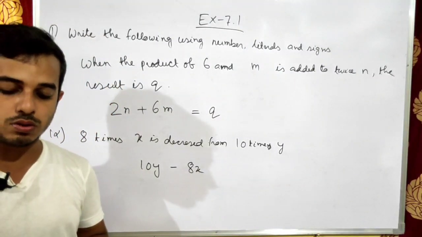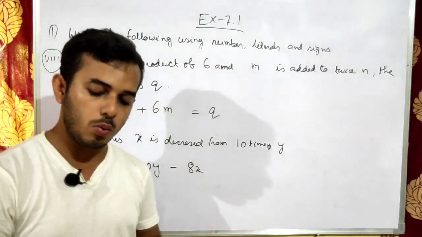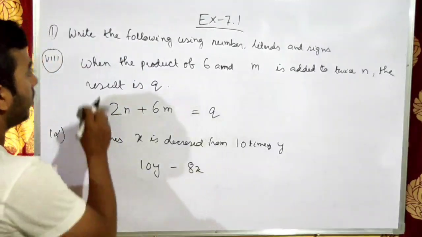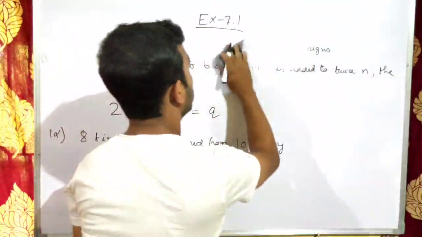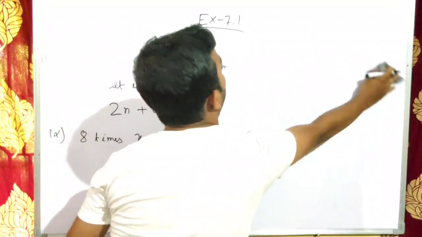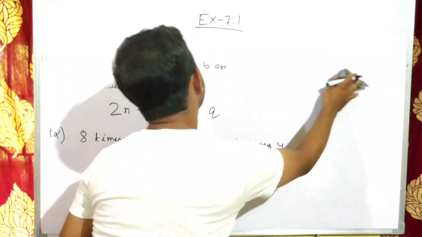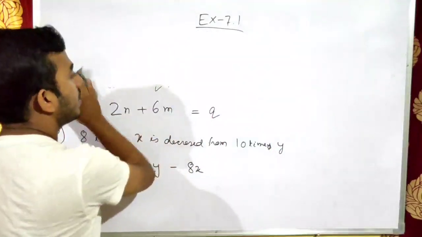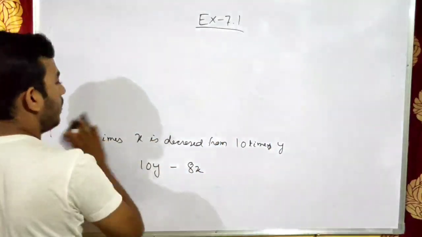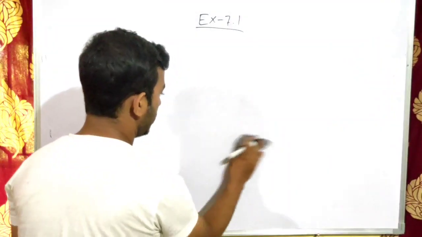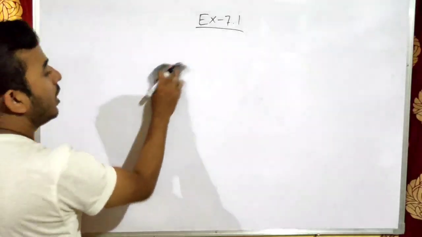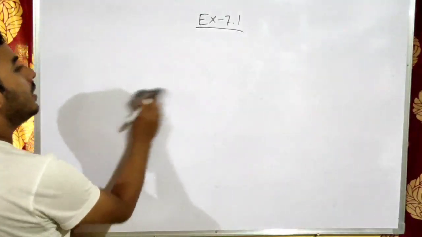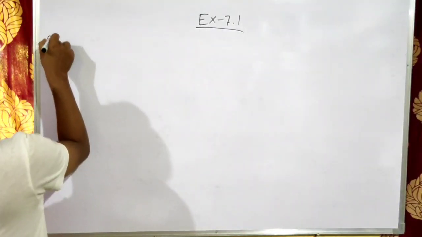What is the total cost of X pens and Y pencils? The remaining three statements you have to solve yourself, but if you can't, we will discuss in our next class. The question is an interesting one, and I hope you will enjoy solving the exercise too.